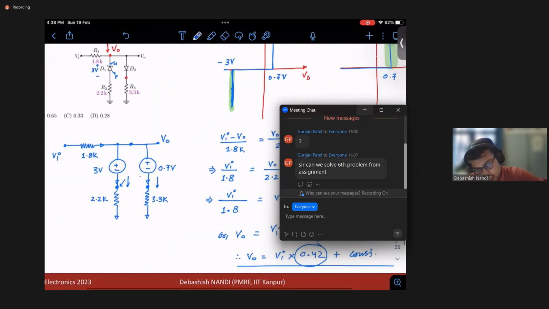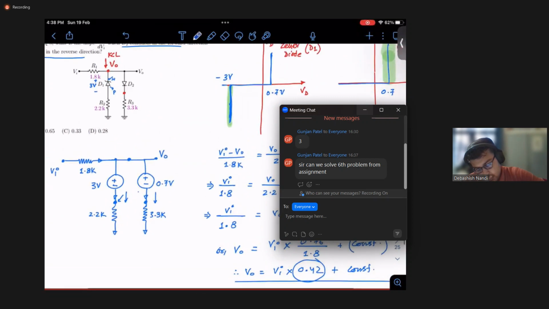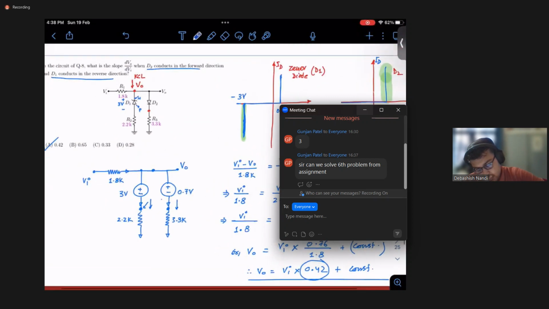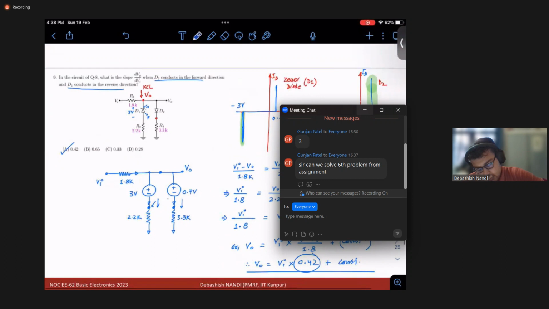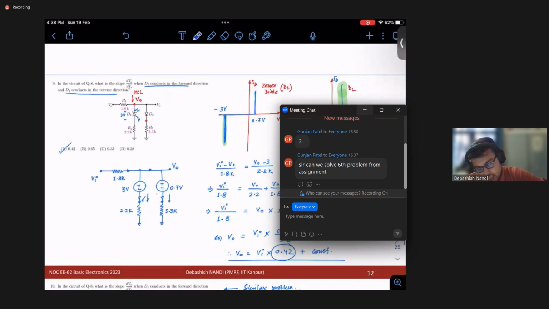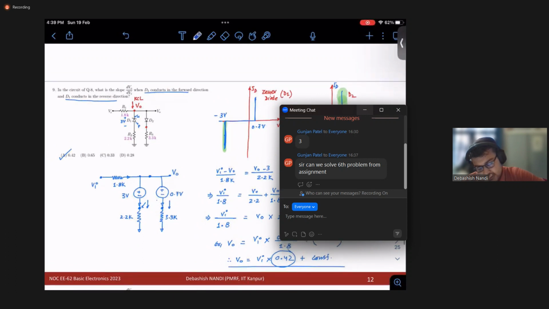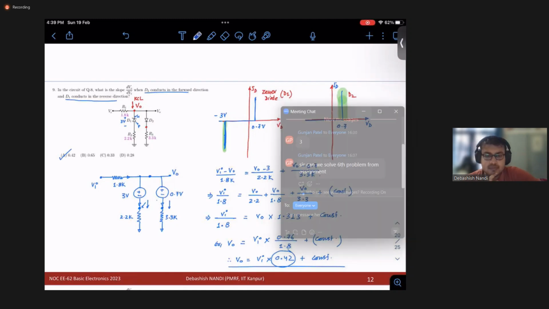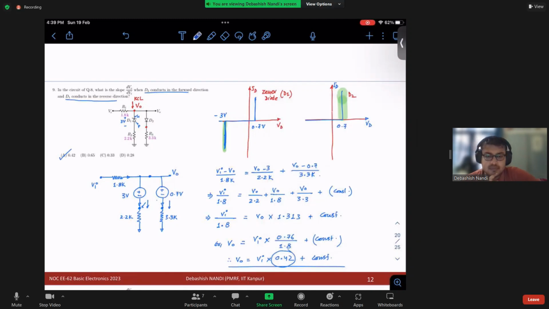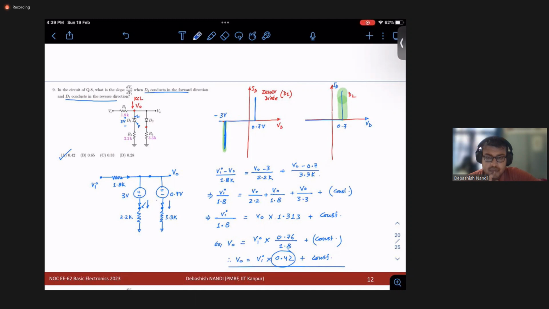Node VO is mentioned as A, and node B is the other. This is the question. Similar, but VO we have to measure across the diode, not from ground to diode.